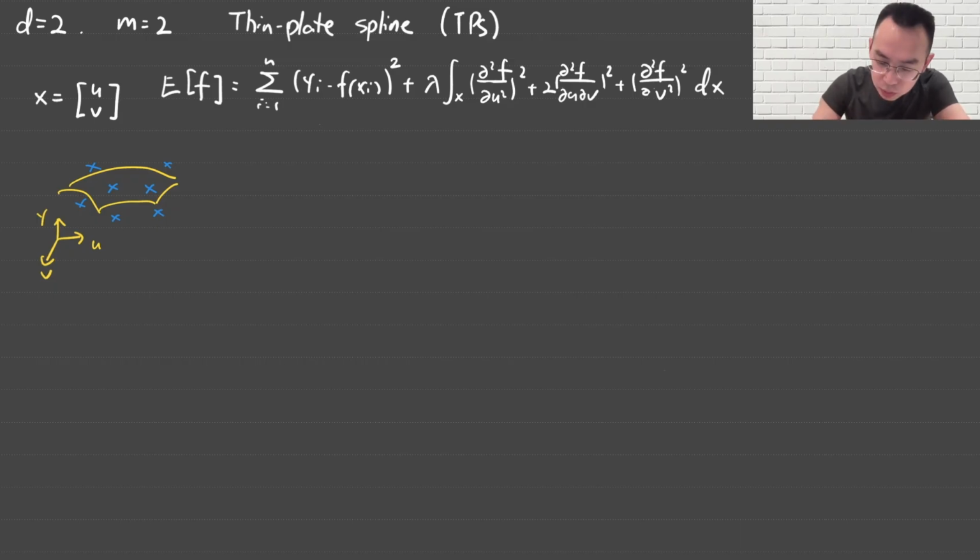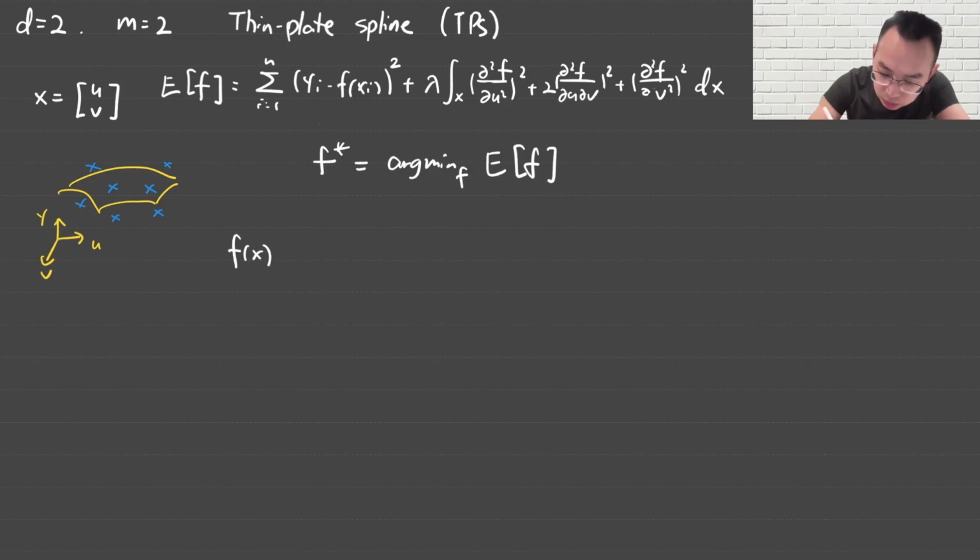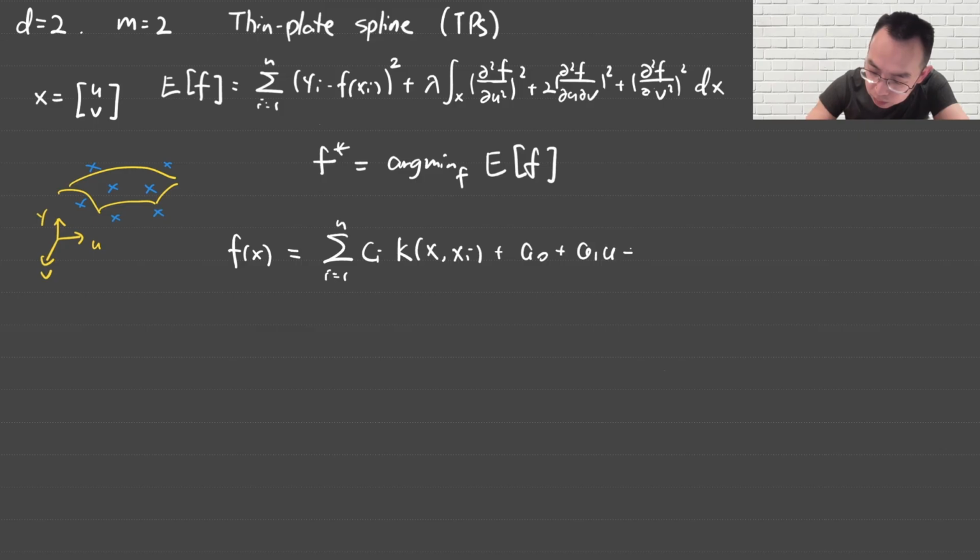So f is what we get when we minimize this functional, and that gives us the solution of this: the sum of c_i times the kernel function of x and x_i, plus the next three terms here, which are the linear terms, also called the affine term.